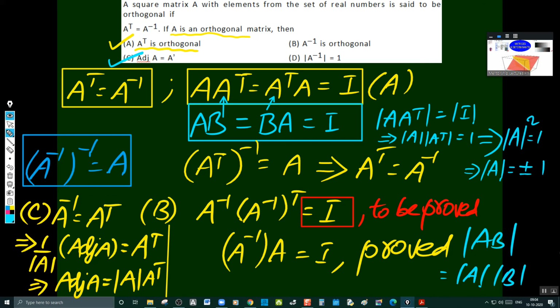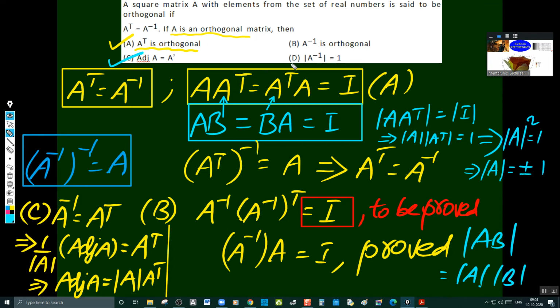That is the reason why we have not taken A plus B whole square as A square plus 2AB plus B square, but as A square plus AB plus BA plus B square. But in the determinants, it is different. Det of AB is equal to det A into det B. Clear?